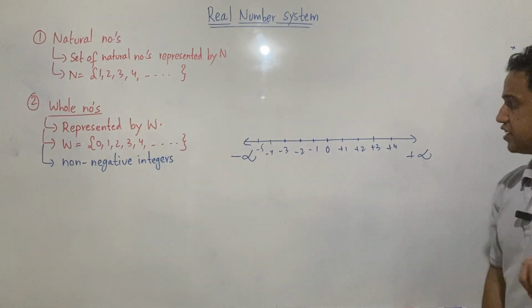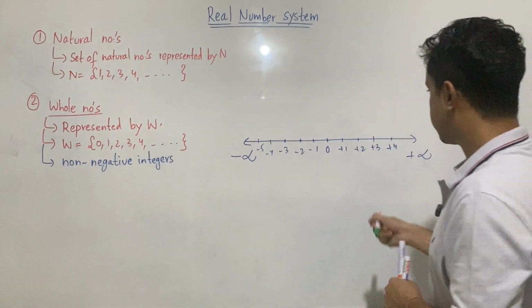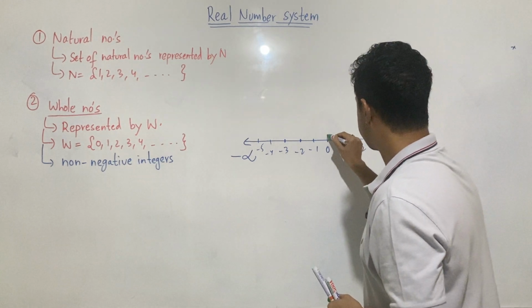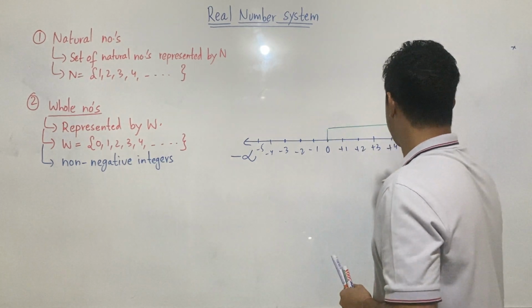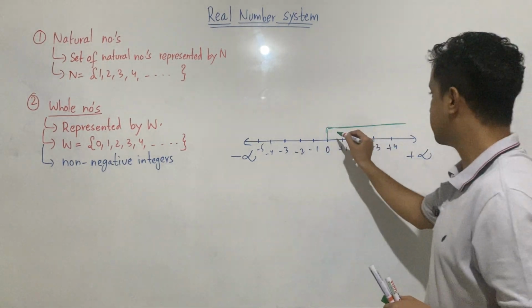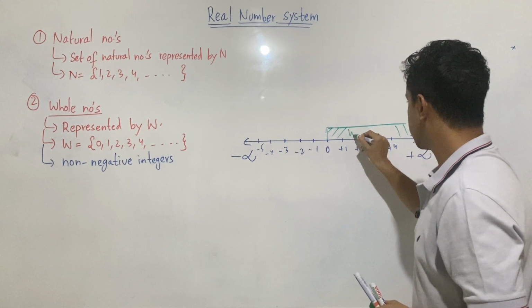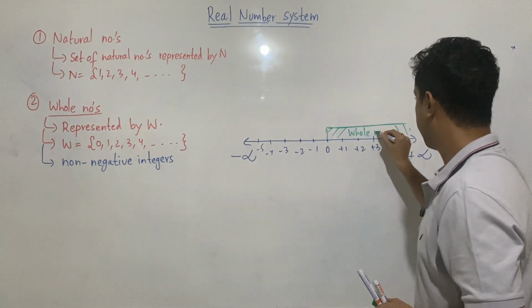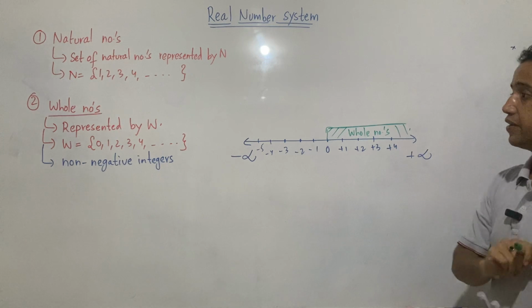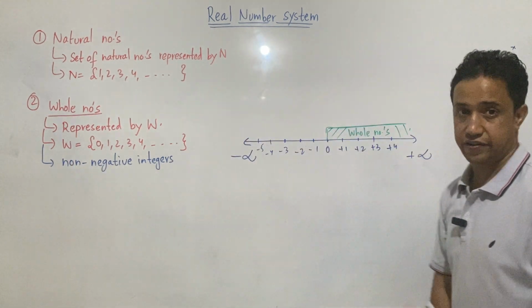Because I know that whole numbers means natural numbers, and we just add 0 to the set of natural numbers to get the whole numbers, this portion represents your whole numbers. But we also call whole numbers non-negative integers.